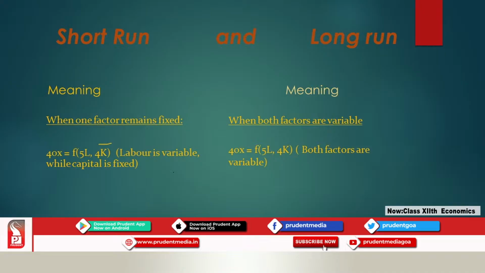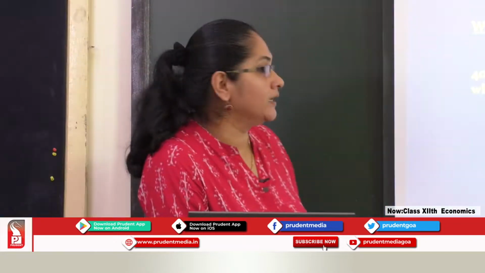I will increase my labor maybe from 5 to 6 or 7, and at the same time, I can also change my capital. So from 4, I may be using 5 units of capital and maybe 7 units of labor.